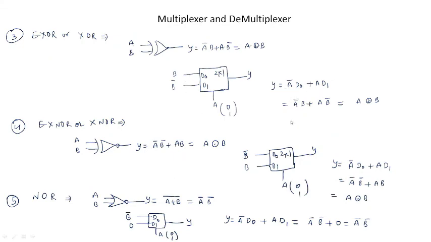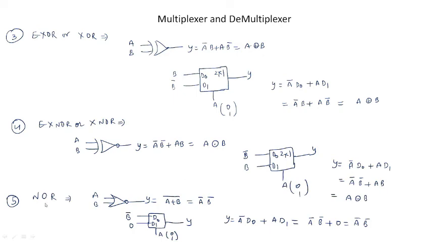If you write the actual output using the SOP form, it comes out to be A exclusive OR B. Then for the exclusive NOR gate, your input lines are B and B bar, but this will be reversed. So here we will write B bar and here we will use B. So you can see that if our input lines are B bar and B, then our output will be equivalent to the exclusive NOR gate.